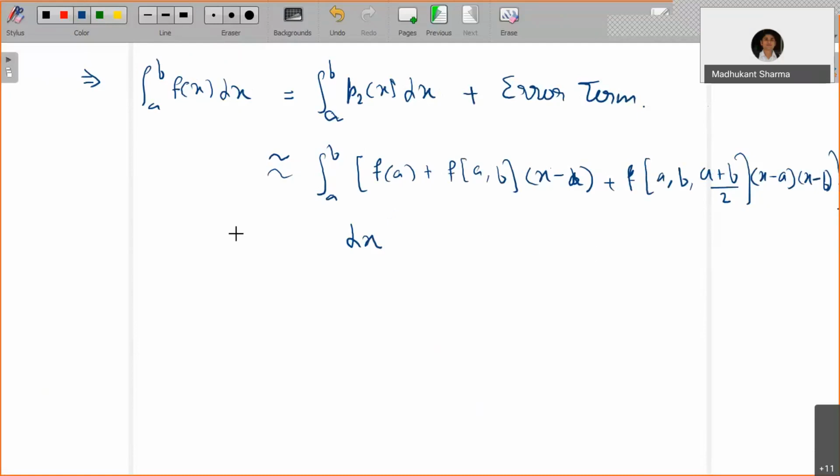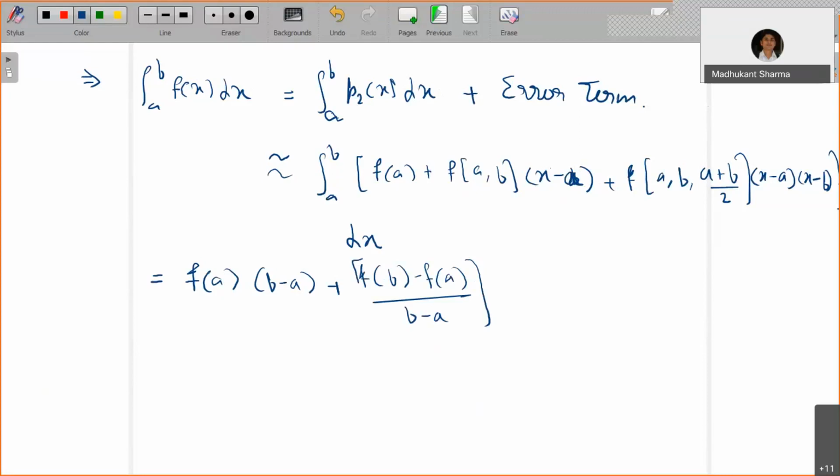Now this is easy to integrate. The first term is f of a times the length of the interval, that is b minus a. The second term is f of a comma b times x minus a. We have also derived this in the trapezoidal rule. So f of a comma b is what? f of b minus f of a divided by b minus a. That is the formula for the divided difference.